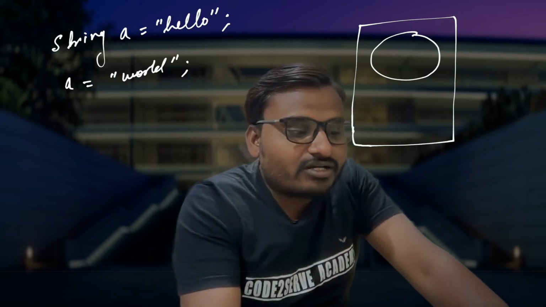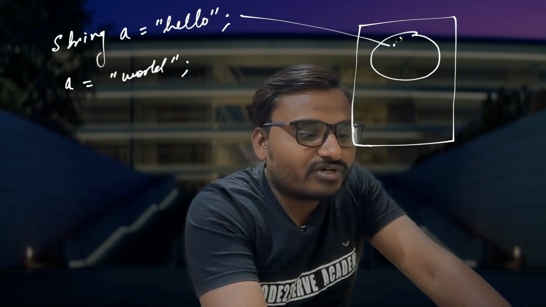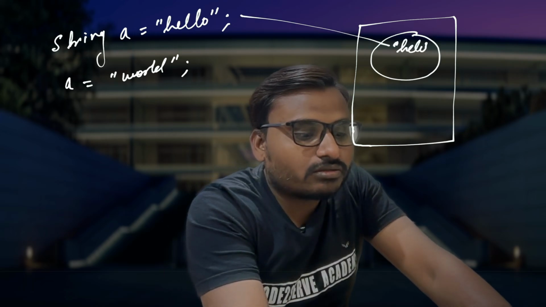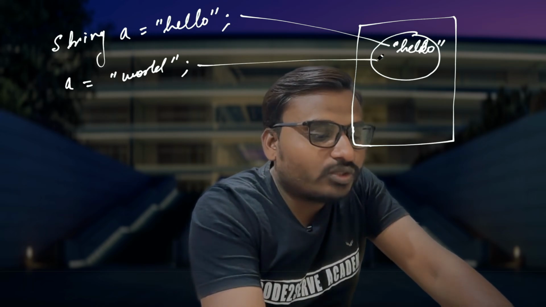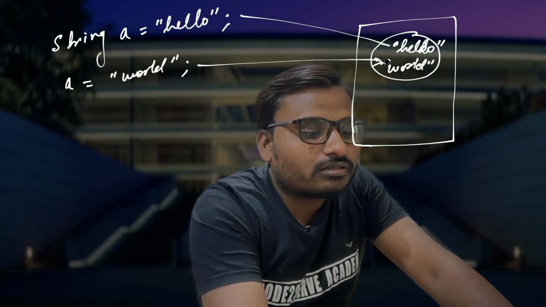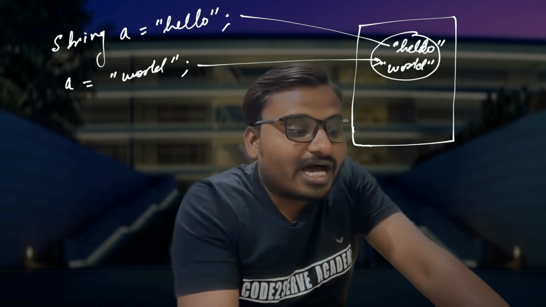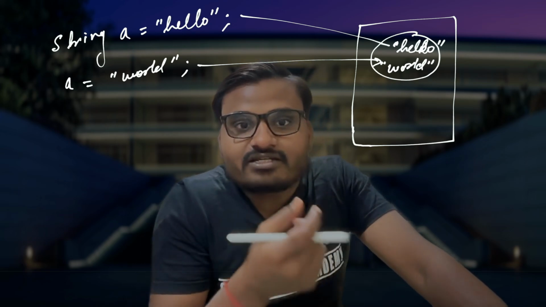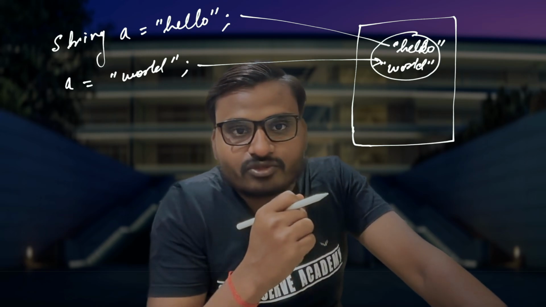Now what will happen? Suppose a initially was hello, now a is pointing to world. That means what has happened? That means the value of a hasn't changed. We are not able to change the value of a, right?